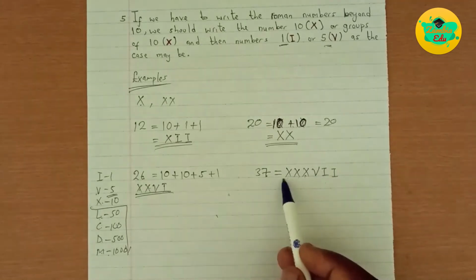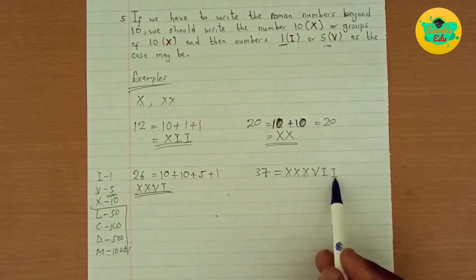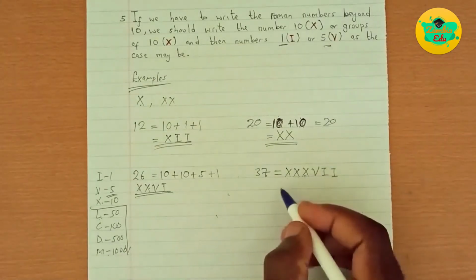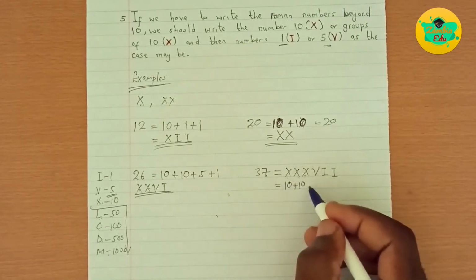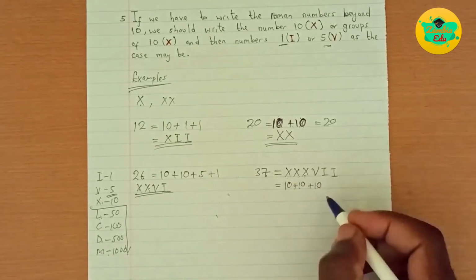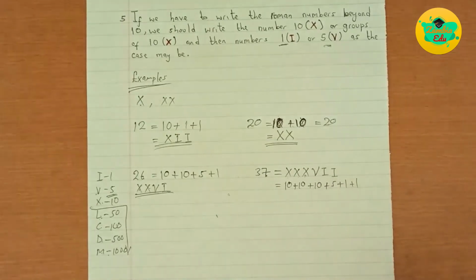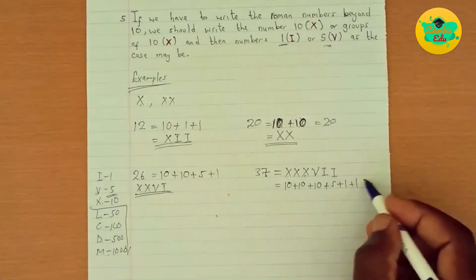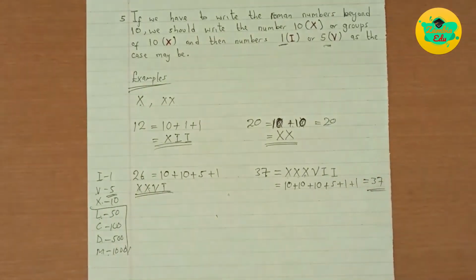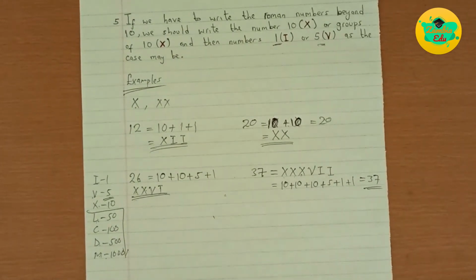You have groups of 10s, followed by a V, followed by I and another I. This is the same thing as 10 plus 10 plus 10 plus 5 plus 1 plus 1 to give us the value which we desired, which is 37. Simple, huh?